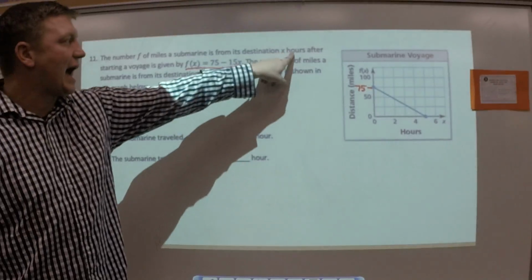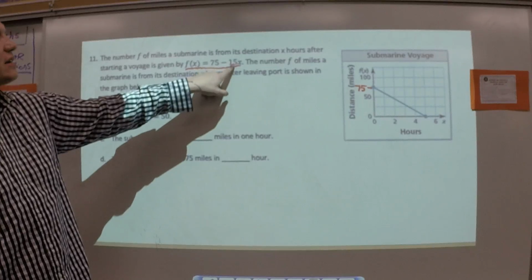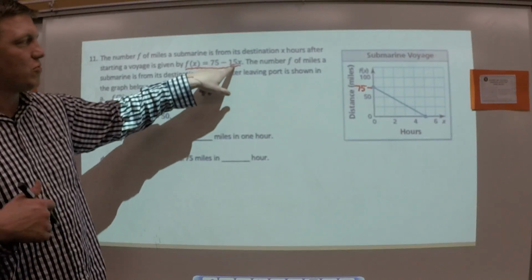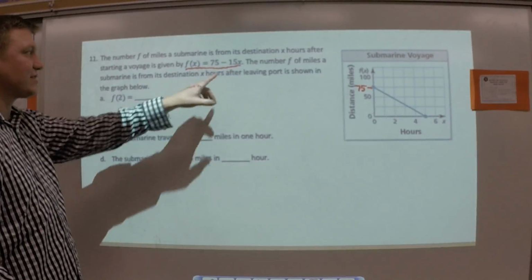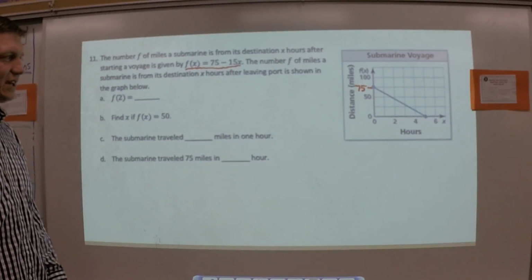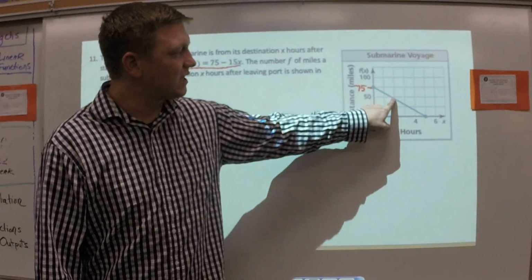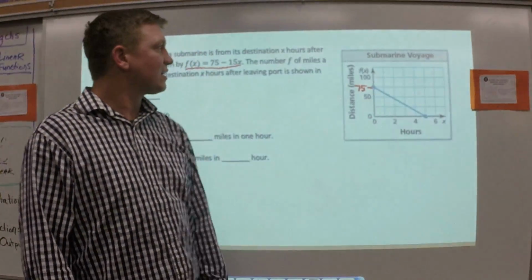For every hour, x hours. So for every x number of hours, it's going to subtract 15 more miles. For every x number of hours that go by, it subtracts another 15, all right? Which kind of makes sense. You can see subtract 15, subtract 15, subtract 15, subtract 15, and keep going.